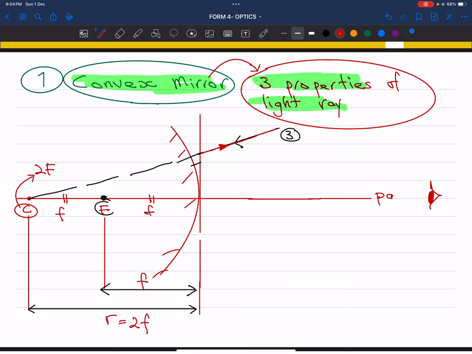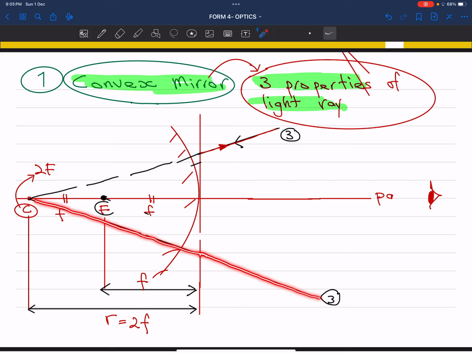So if I were to draw another ray, I have to draw the broken lines. The third property: any light ray as though approaching the center of curvature, it will come back the same path.